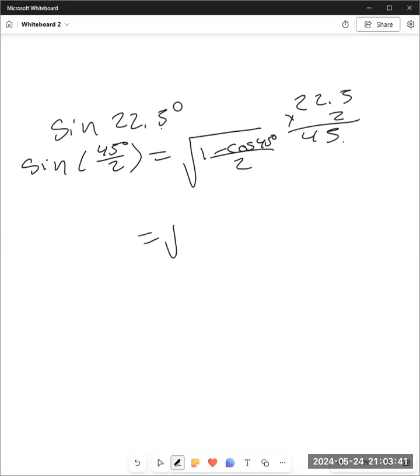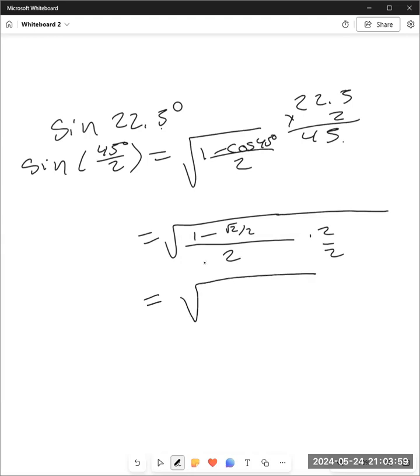And so that's going to be 1 minus root 2 over 2, over 2. Let's multiply everything by 2 over 2 to clear those fractions, giving root of 2 minus root 2 over 4. Square root of the top and square root of the bottom should leave us with square root of 2 minus the square root of 2, and then all over 2.